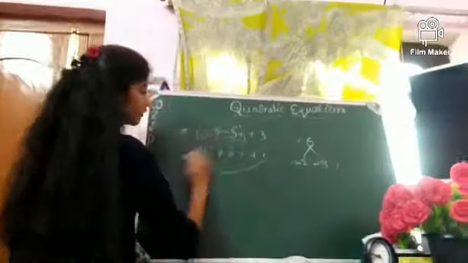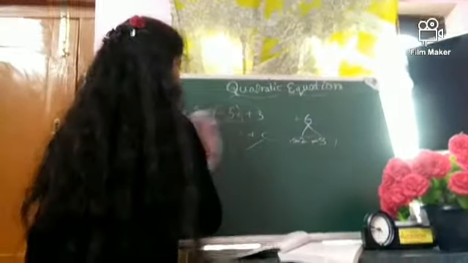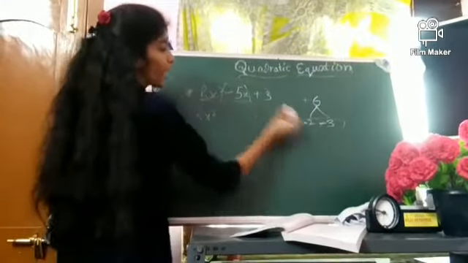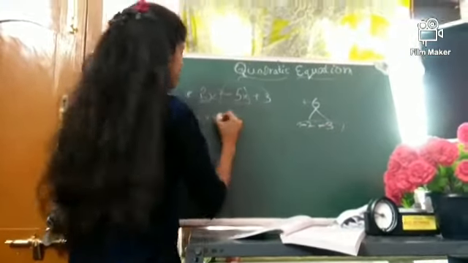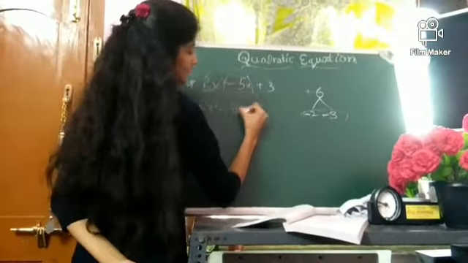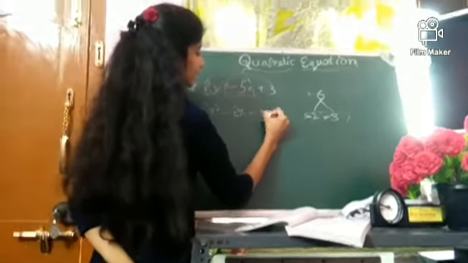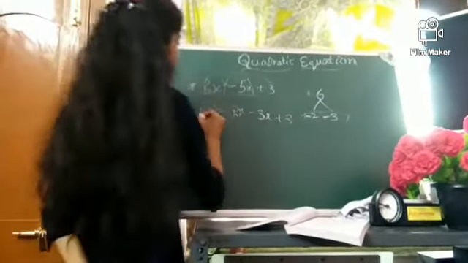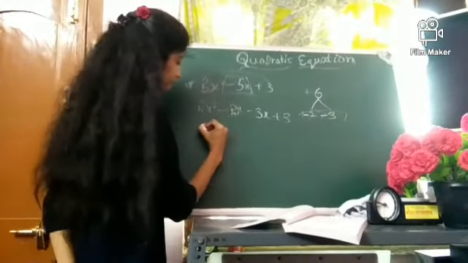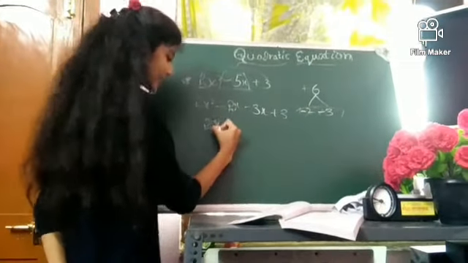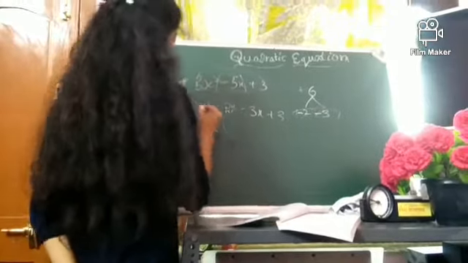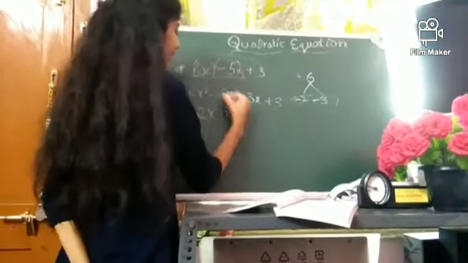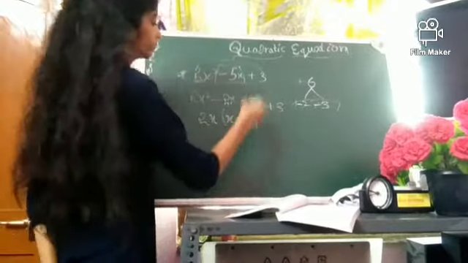So we will move further and solve this. Then 2x square, this part is split as minus 2x and minus 3x, plus 3. We should find a common factor. Here 2x is common, so I have taken 2x, then the remaining is x minus 1.